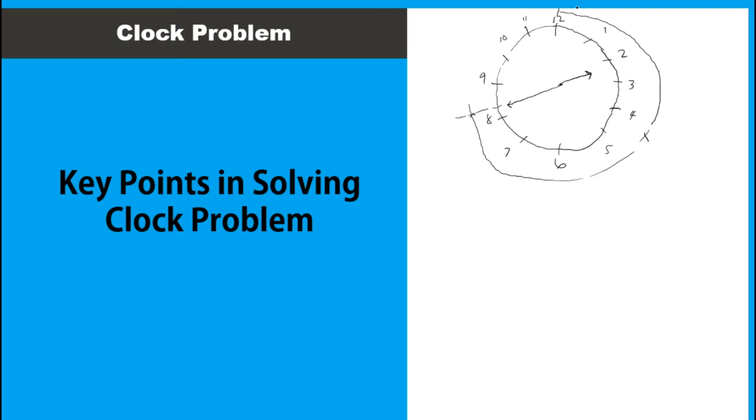So the minute hand travels for x number of minutes. But the hour hand, on the other hand, will just move for x over 12. So the opposite of 2 is 8. So if this is proportional, this angle is equal to this angle.